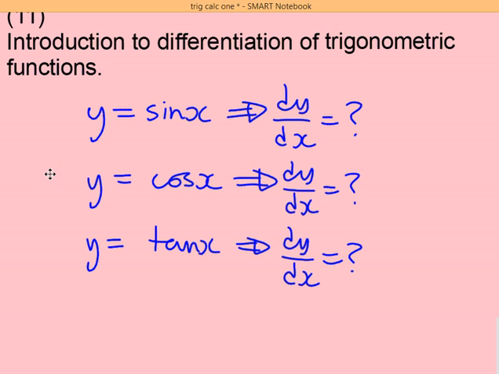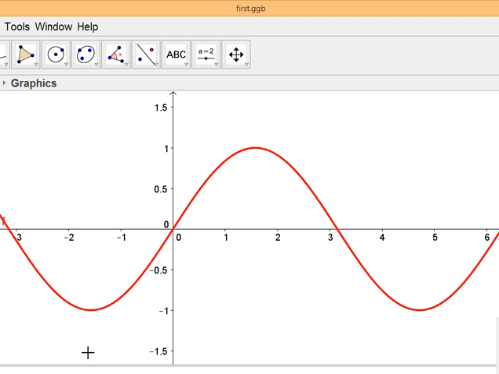well, let's have a look at the graph of y equals sine x. What does the derivative tell you? It always tells you the gradient of the function at any point you wish.